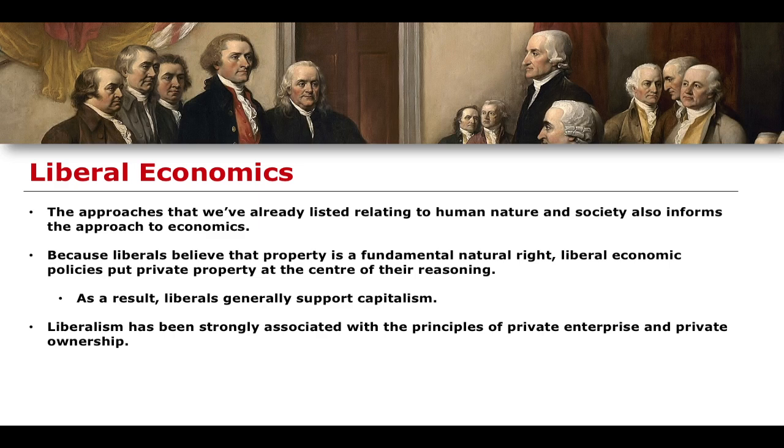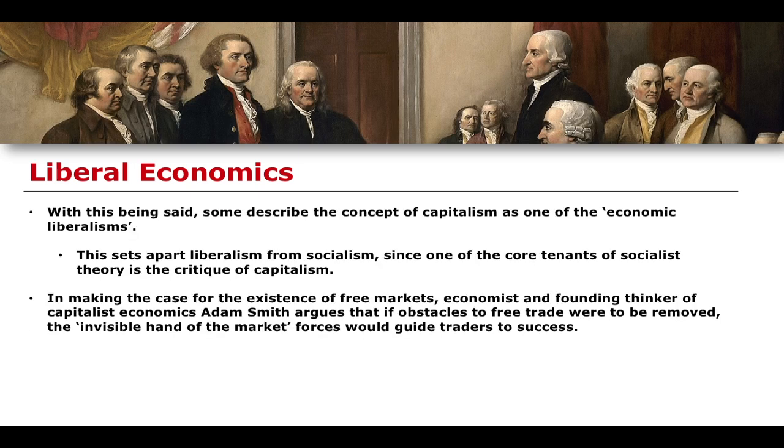When we look at Marxism and socialism in more detail in future lessons, I'm sure we will get to this more specifically. But now, it should just be noted that liberalism has been strongly associated with this idea of private enterprise as well as private capital and private ownership.